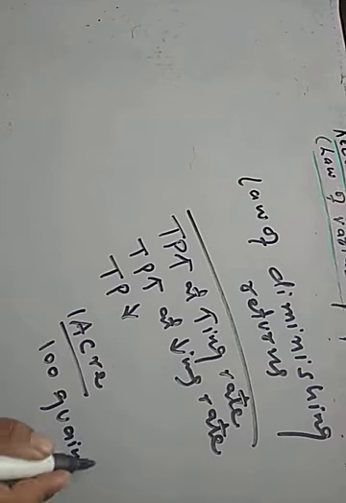For example, on a given piece of land, suppose 1 acre of land, the capacity to produce rice on 1 acre of land is equal to 100 quintals of rice. The capacity to absorb units of the variable factor, labor, is equal to 10. Therefore, if we add units of labor one by one, the total product will increase.